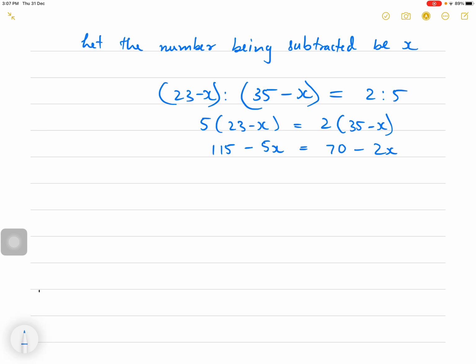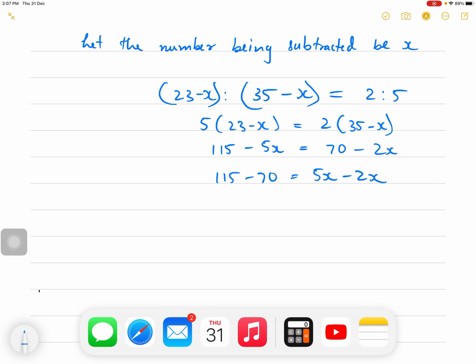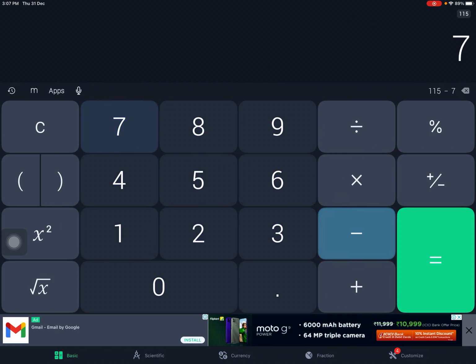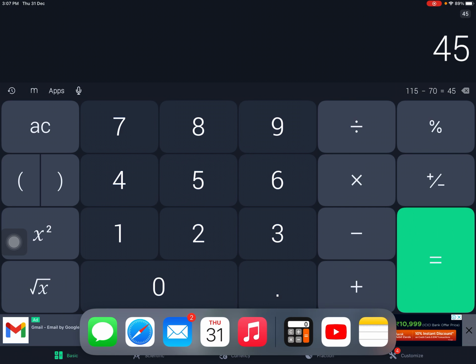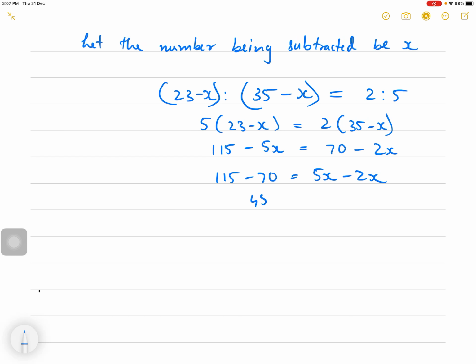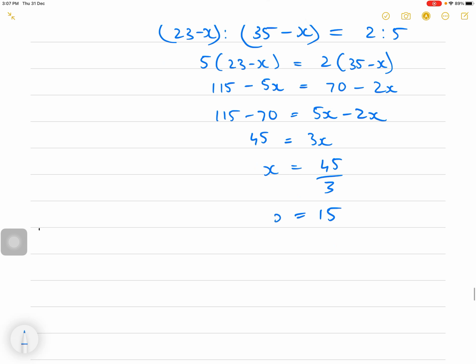So number terms on one side, x terms on another side. So 115 minus 70 is equal to 5x minus 2x. 115 minus 70 is 45. So 45 is equal to 3x. x is equal to 45 divided by 3, which is 15. So therefore the number is 15.